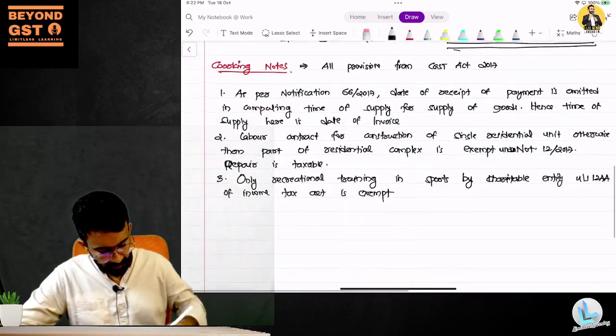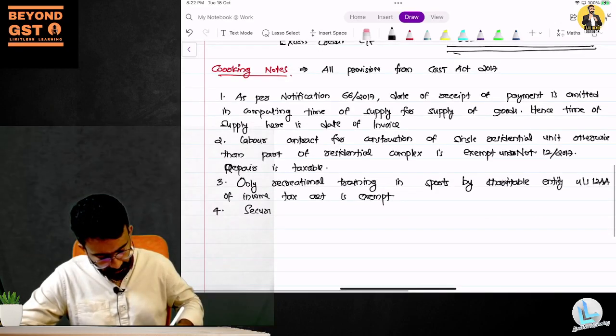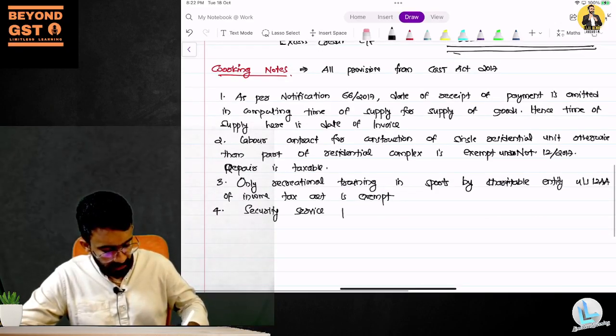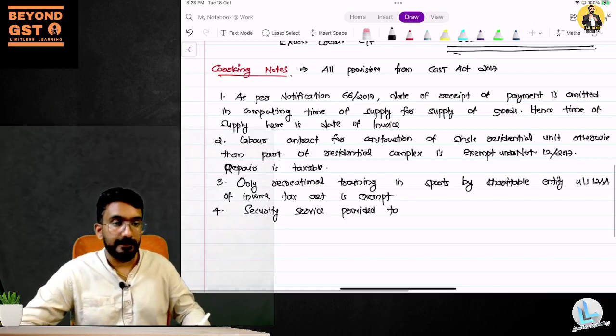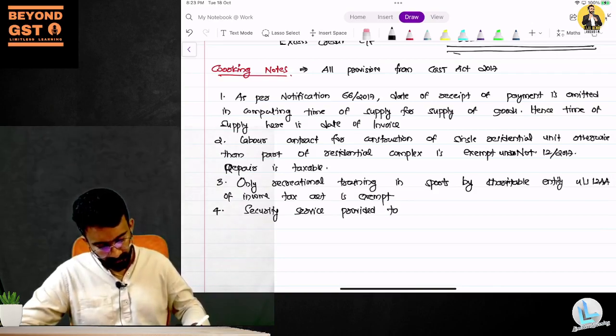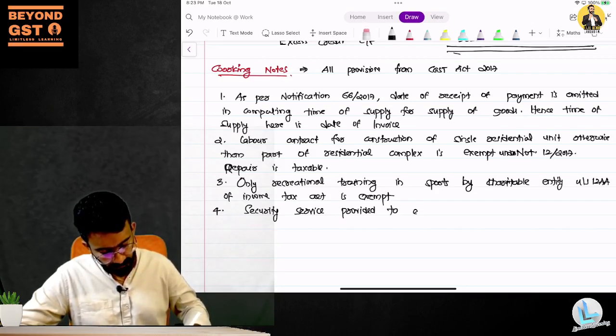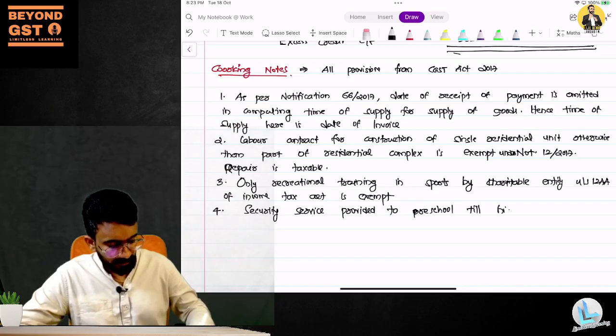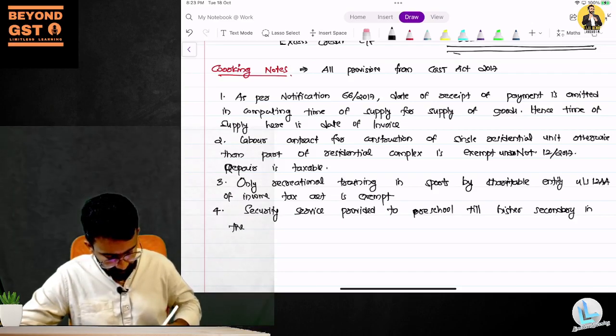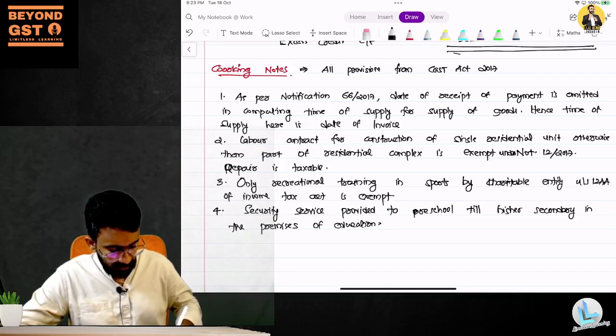Then security service provided to a preschool, as secondary, in the premises of the education institution only, is exempt.